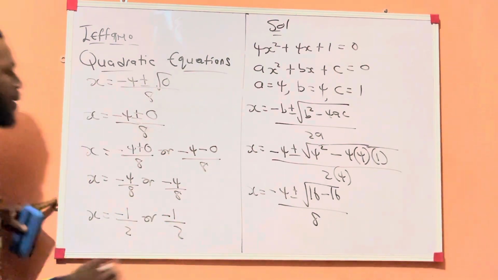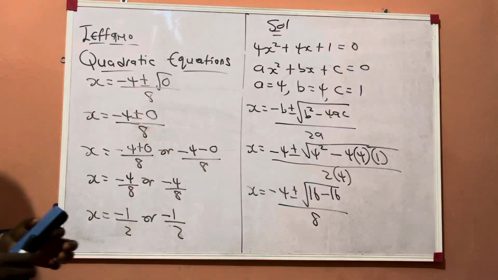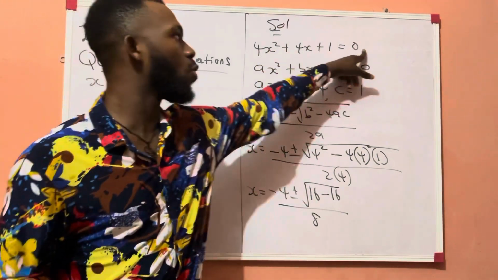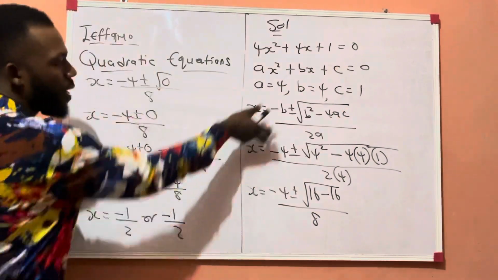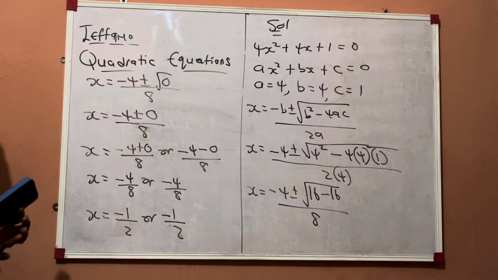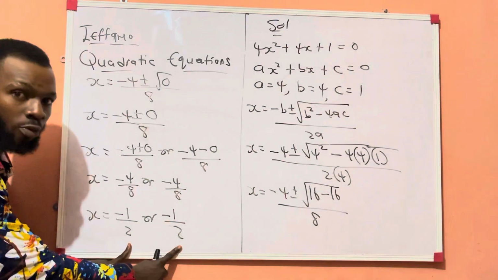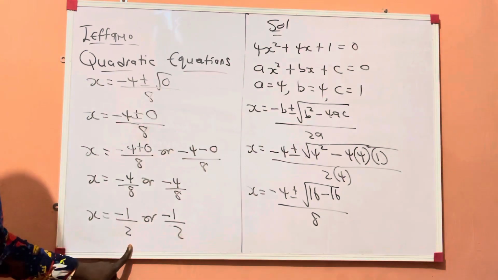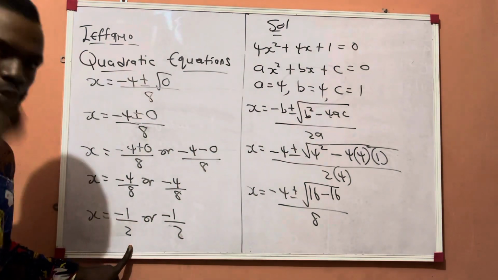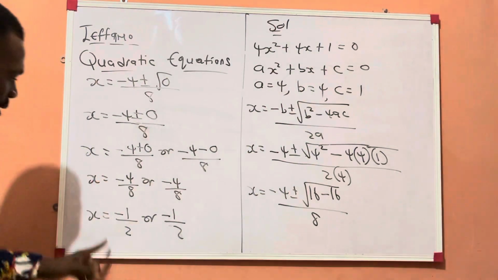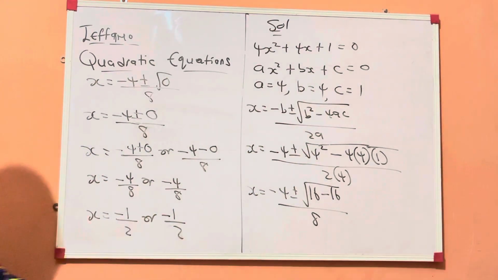So, class, it means when we solve the equation 4x squared plus 4x plus 1 equal to 0 using formula method, this is how you should go about it. And mind you, class, the answer that we always get in every quadratic equation is called the root of the equation. The roots of the equation. So my root of the equation here now is minus 1 over 2 or minus 1 over 2.